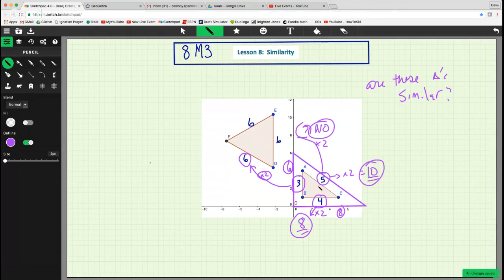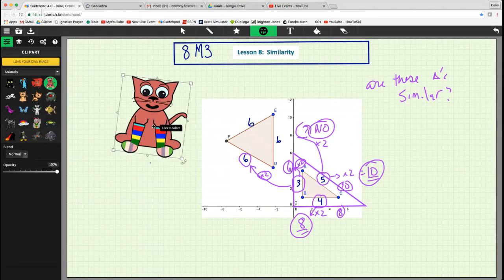And this side is 10. So if I had a 6, 8, 10 triangle, that would be similar, because then my R factor would be 2. 3 times 2 is 6. 5 times 2 is 10, this long side, and 4 times 2 is 8 for this other side. Okay, so let's just load this up with a happy cat.